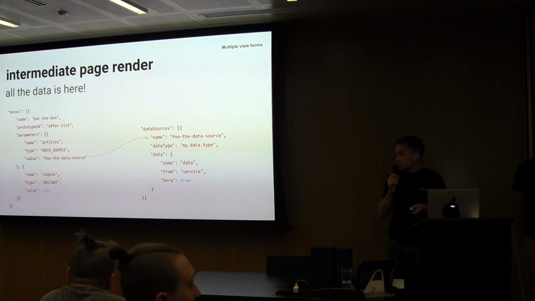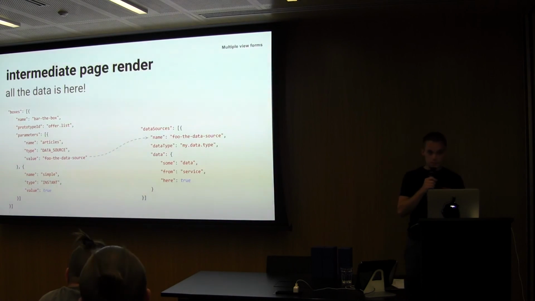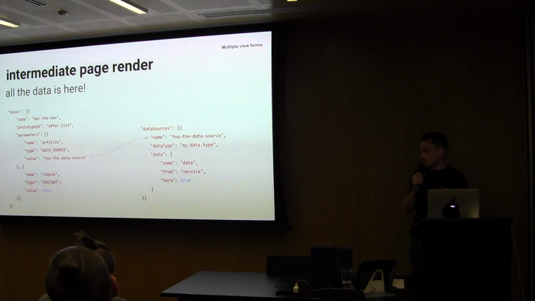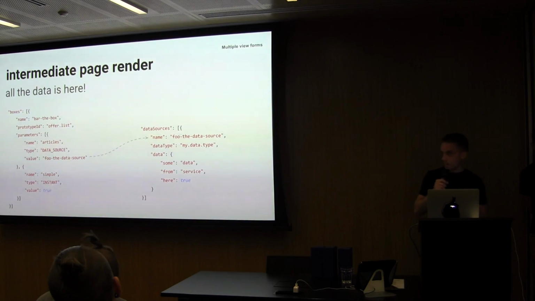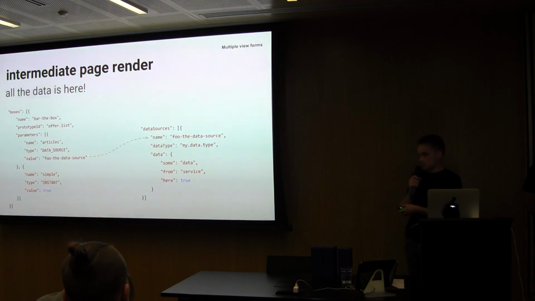The intermediate page render result is an object in JSON format. It can be considered as a document object model for the renderers, and it's a technical detail. Don't focus on those snippets too much.